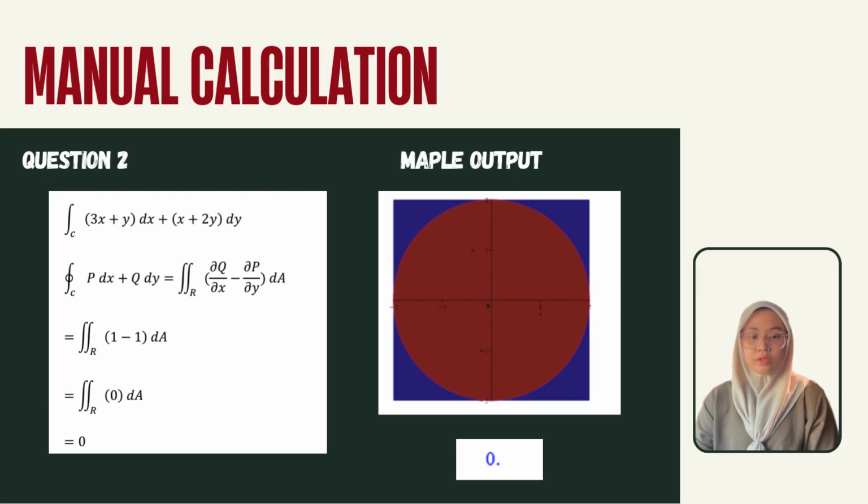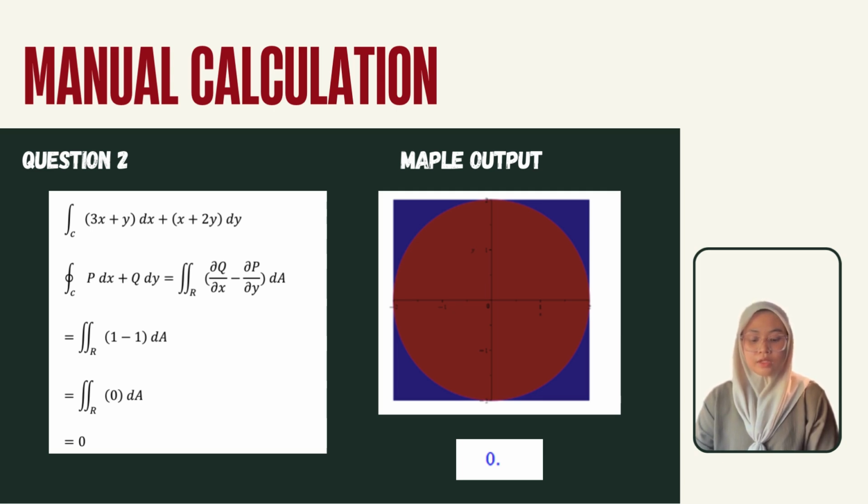In this problem, we are asked to evaluate a line integral using Green's theorem. We start by identifying the components: P is equal to 3x plus y and Q is equal to x plus 2y. By using Green's theorem, we convert the line integral into a double integral over the circular region x squared plus y squared less than or equal to 4.